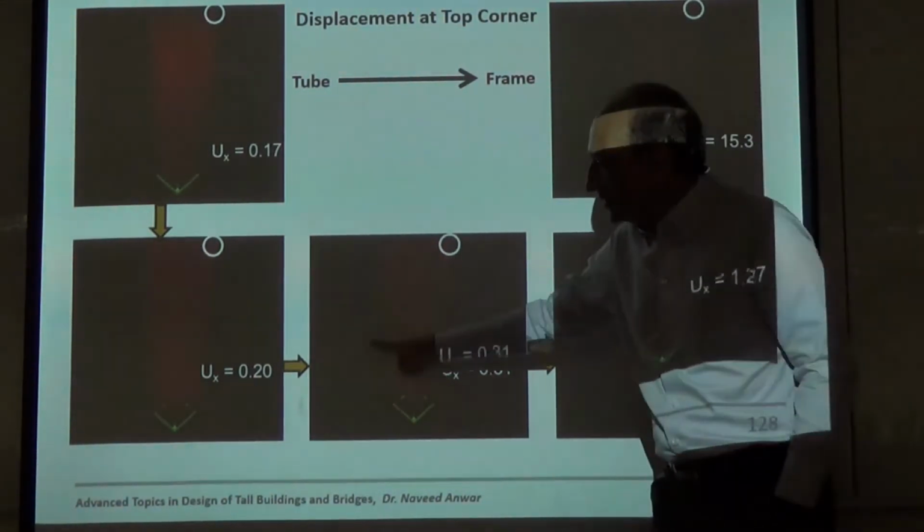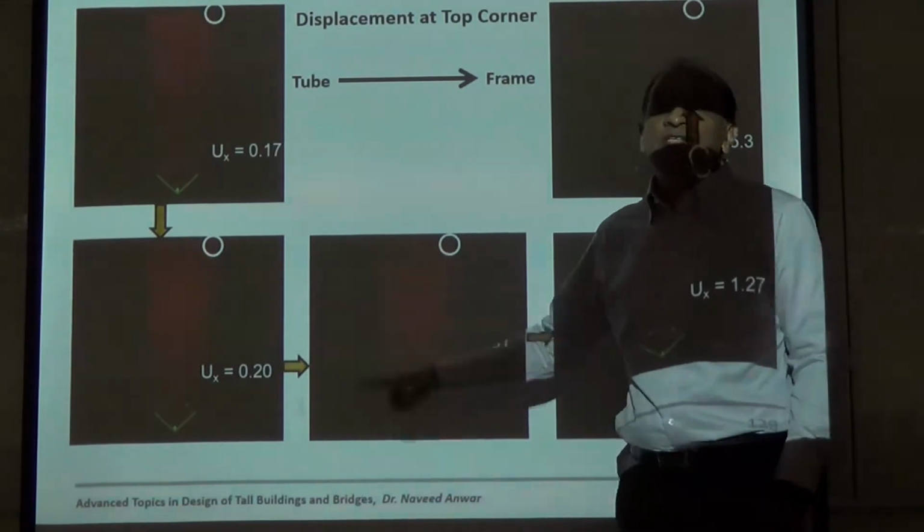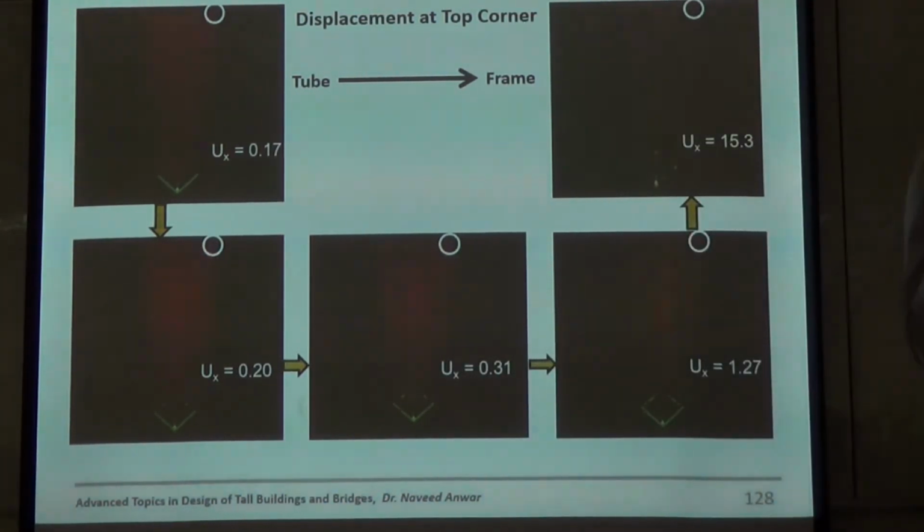So we remain in this range in the tube, so that the wall effect is still present, and the stiffness of that system is not much less than the pure solid wall. So we consider the whole building's outside surface as a wall with openings.